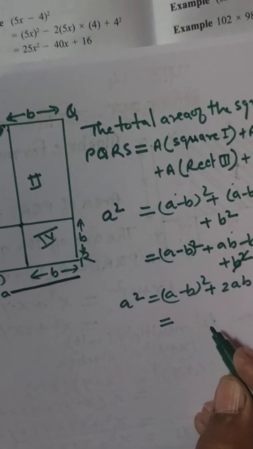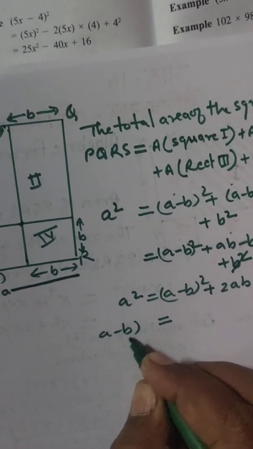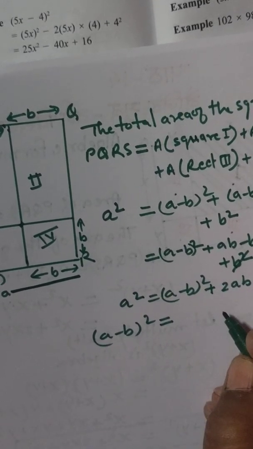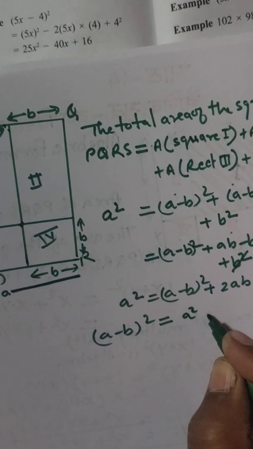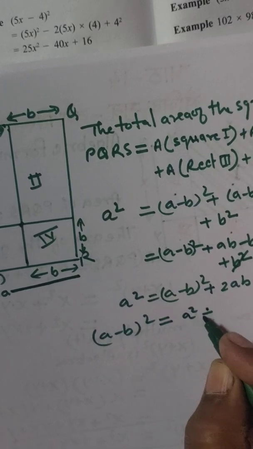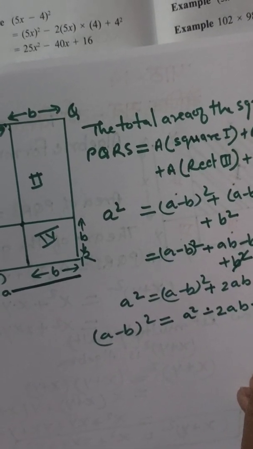If you write this here, A minus B whole square is equal to A square minus 2AB plus B square.